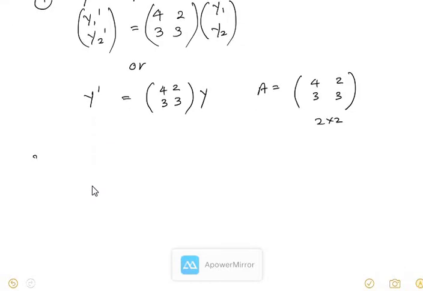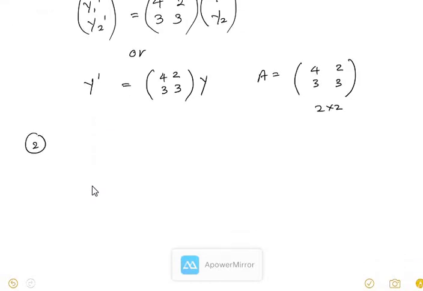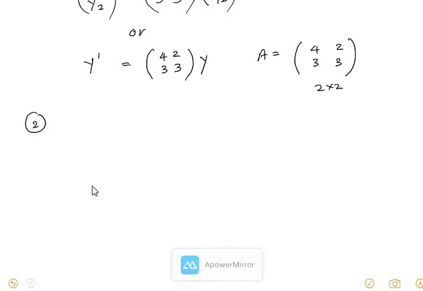So for the second step, you need to find the eigenvalues and the corresponding eigenvectors of A. So what we should do, based on the matrix A, is that only these two entries will have the minus lambda. So 4 minus lambda, 2, 3, 3 minus lambda.